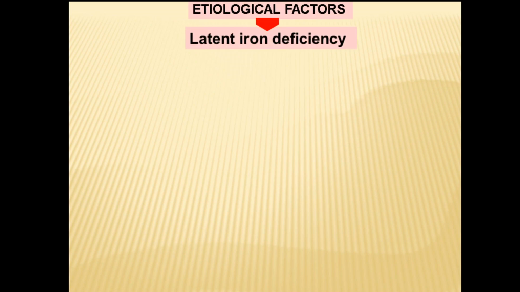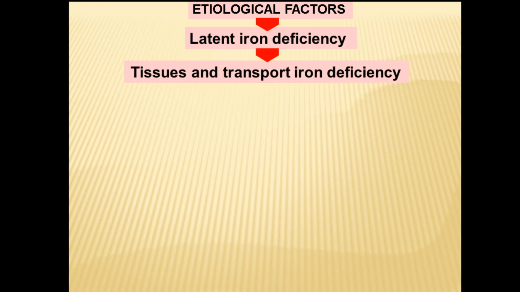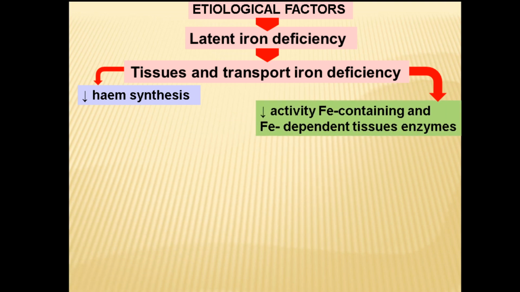Provoking etiological factors, first of all, provoke latent iron deficiency, and first of all there will be a deficiency of tissue and transport iron. Later there will be decreased synthesis of heme and decreased activity of iron-containing and iron-dependent tissue enzymes.